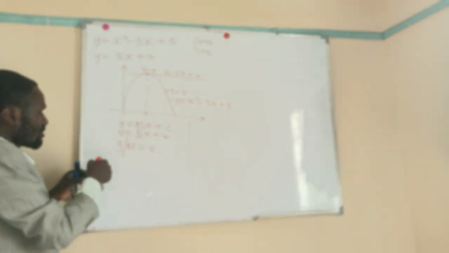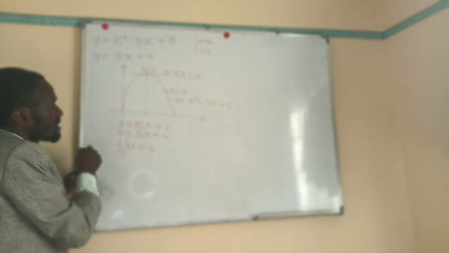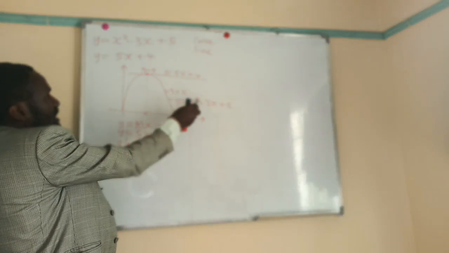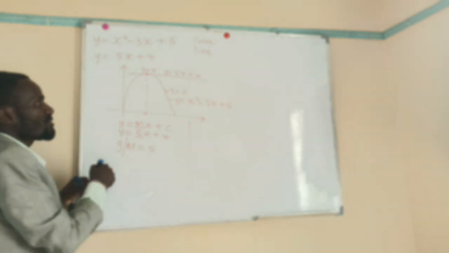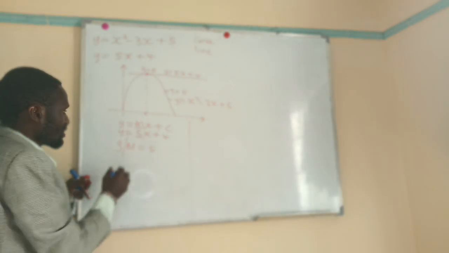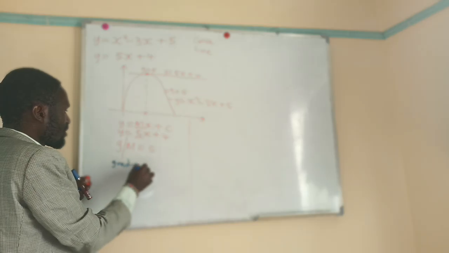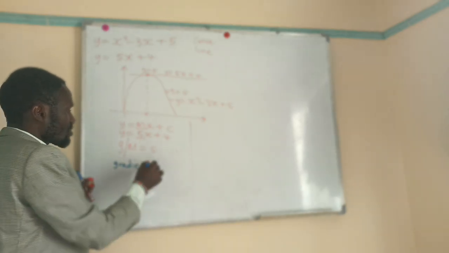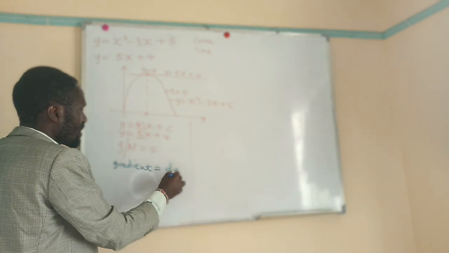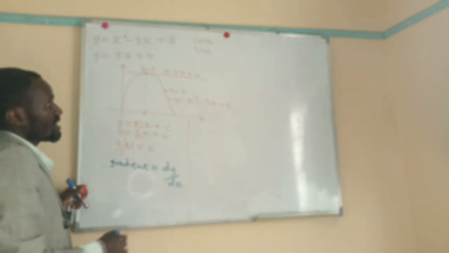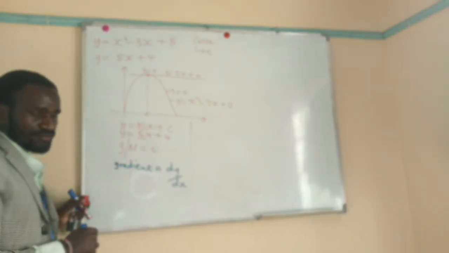So for us to get a gradient of 5 for this curve, we are supposed to get first the dy dx of that curve, because the gradient of a curve is obtained from its dy dx. So first, let's get the dy dx of that curve.